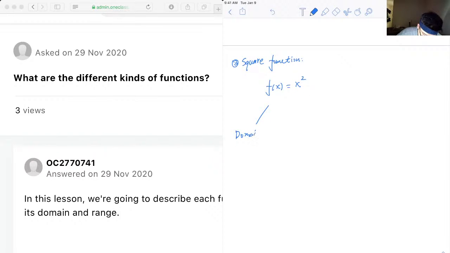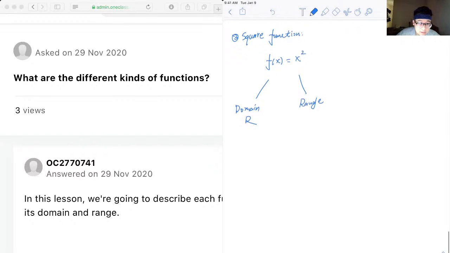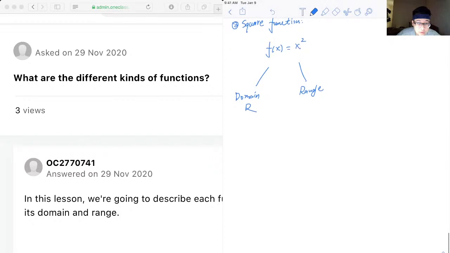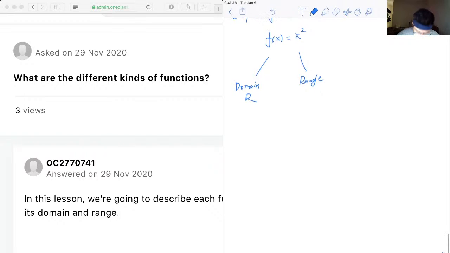The domain is R, and the range is the set of non-negative real numbers, denoted as 0 to positive infinity.